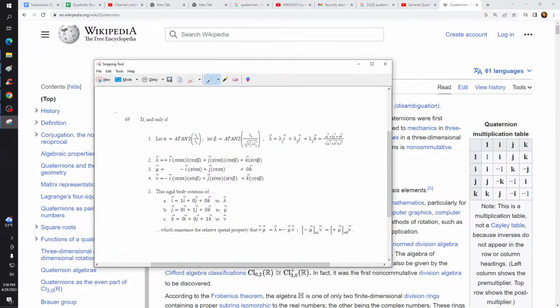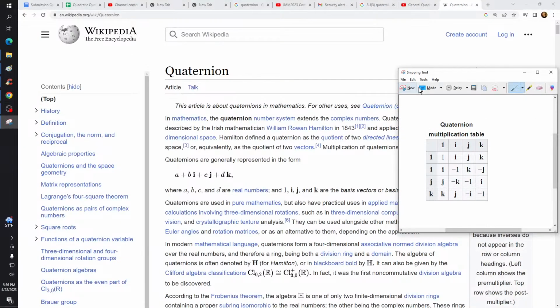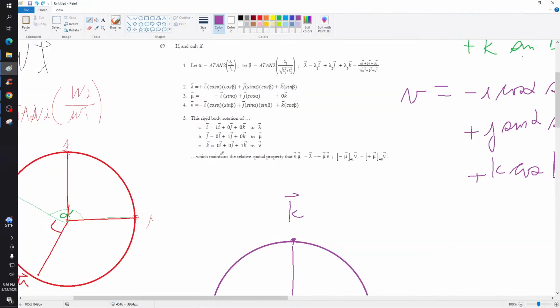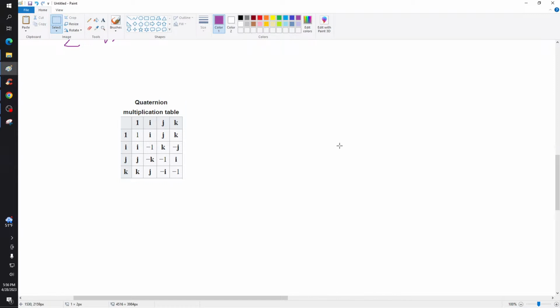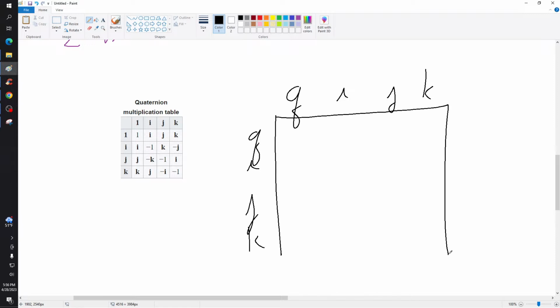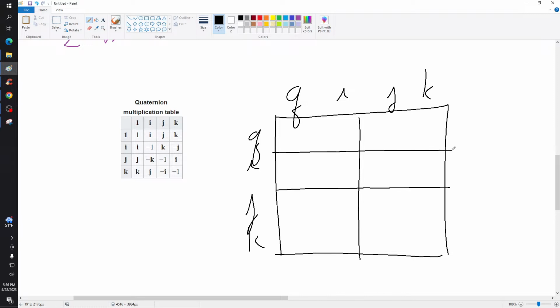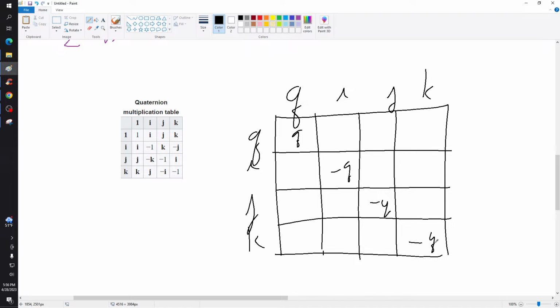So you can take this quaternion multiplication table, and as long as you perform the rigid body rotation exactly as prescribed, you're going to get, instead of q, i, j, k: q is the same thing as 1, q, negative q, negative q, negative q, i, negative i, negative j, j, j, j, k, negative k, k, k.